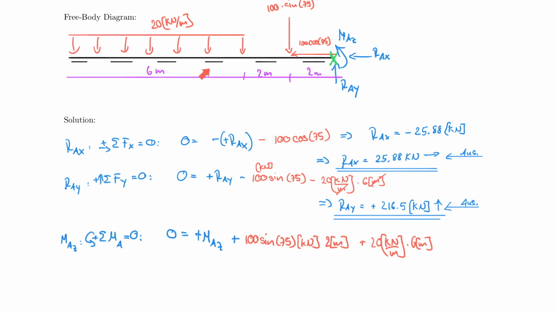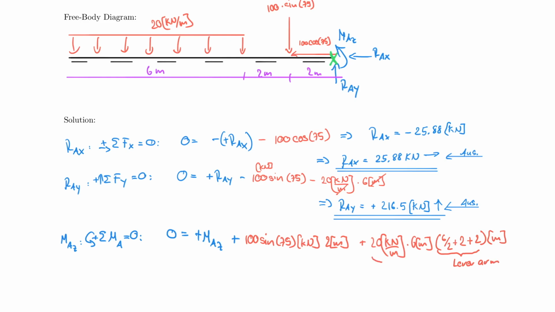Therefore, we need 3 meters plus 2 meters plus 2 meters. So let's write it down as such. So multiplied by 6 over 2 plus 2 plus 2 meters. And let's understand that this is the lever arm.